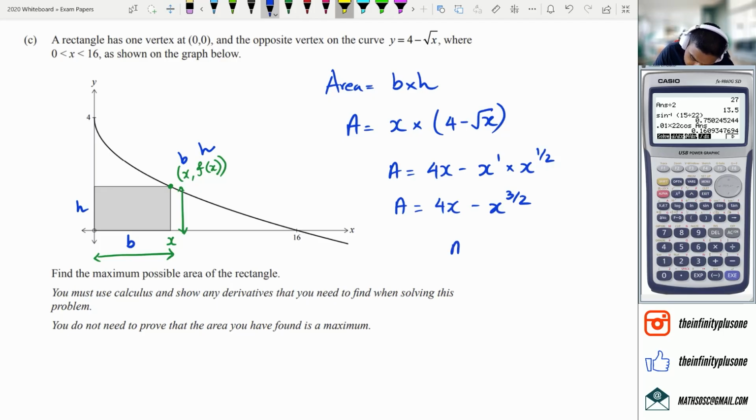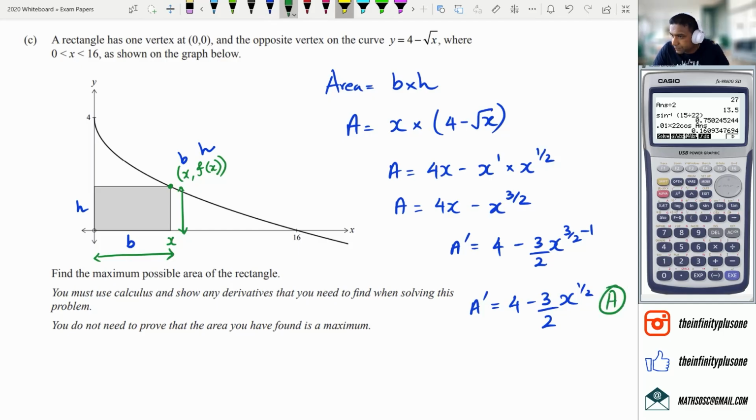So when we differentiate this, we're going to get 4 minus 3 over 2 x to the power of 3 over 2 minus 1. So A dash is going to end up equaling 4 minus 3 over 2 x to the power of half. So a correct expression for the area gets you an achieved.